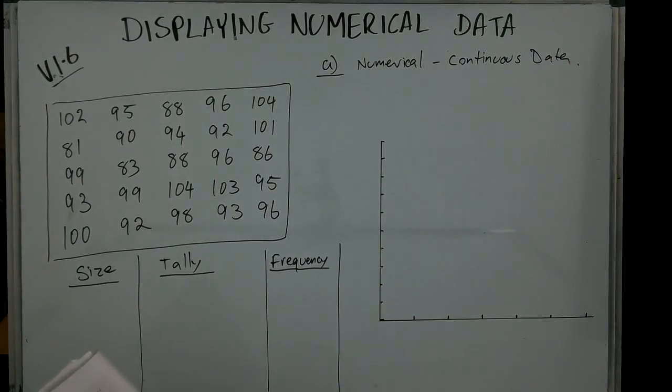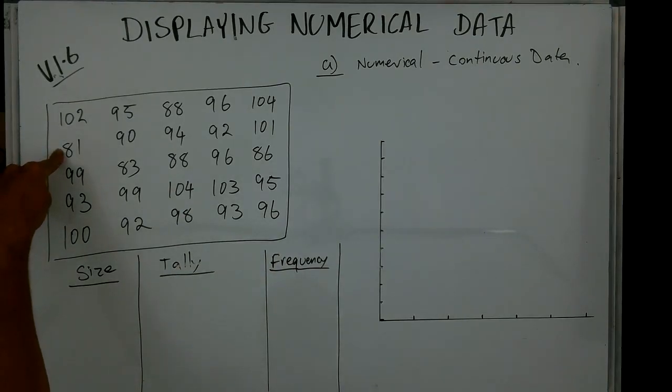Part B, tally the data on the frequency distribution table, using a group size of 5 centimetres. So we're going to have groups. Looking at the data, I think 81 is our smallest, and 104 looks like our biggest.